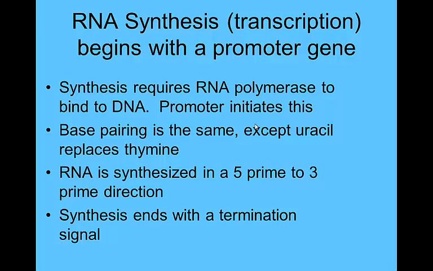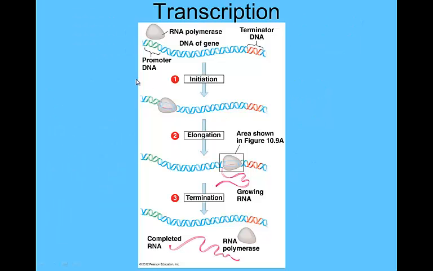RNA polymerase will unwind the DNA there and begin base pairing ribonucleotides to the complementary DNA, except it's going to replace thymine with uracil. It's going to synthesize in a 5' to 3' direction, and it's going to continue to synthesize till there's another code that's a termination signal. So here again is a picture of this.